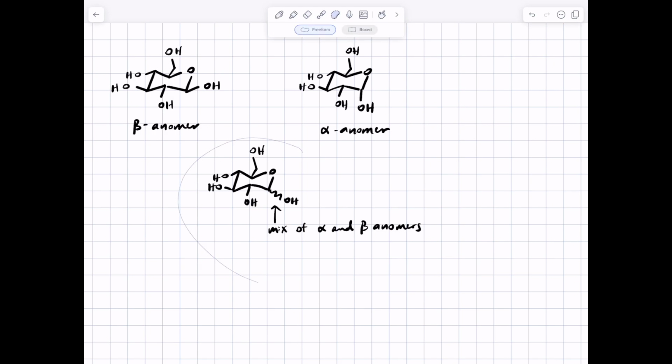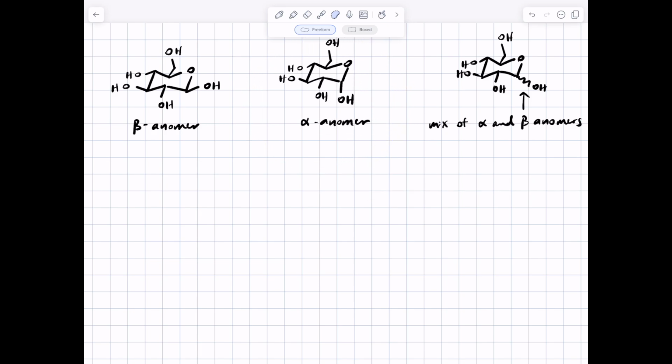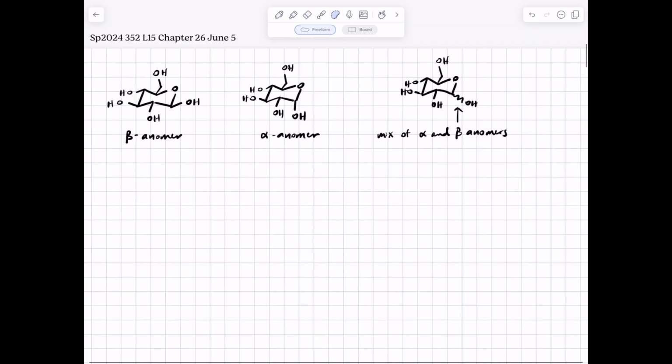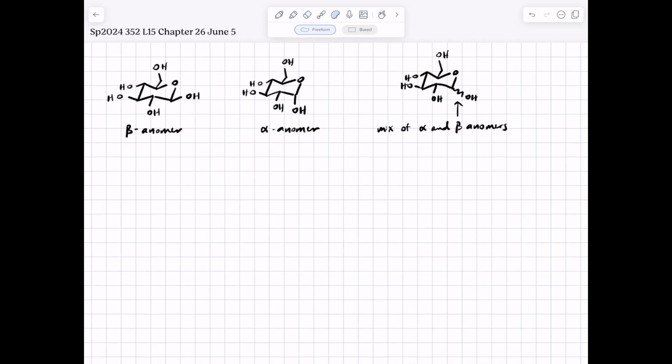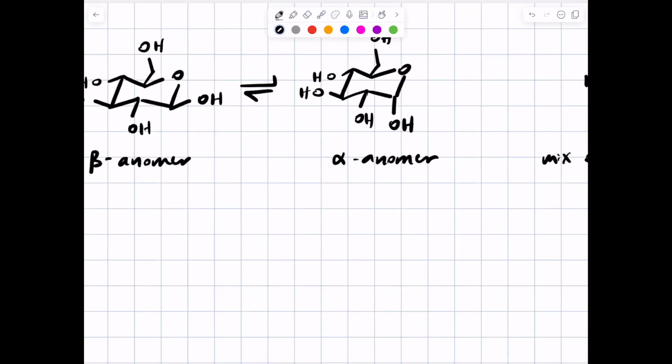It turns out that under some conditions, the alpha and the beta anomers can equilibrate. So if you want to communicate a mixture of alpha and beta anomers, you can either use the squiggly line or you can draw both of them, and there are ways you can determine what ratio of alpha and beta anomers you have. But I want to just talk briefly about this process whereby the alpha and beta anomers interconvert.